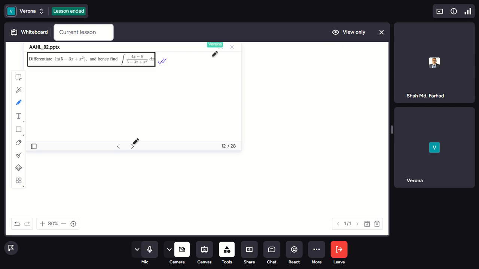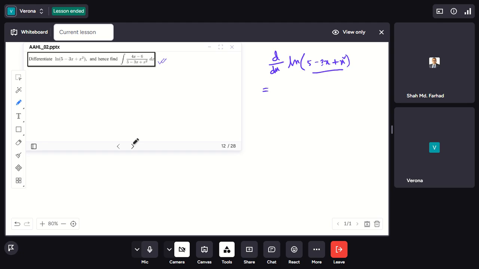Are you talking about the difference, the first one? Okay, then you have to use the chain rule here. So it will be 5 minus 3x plus x square. If we consider this one as x, then we have ln x.